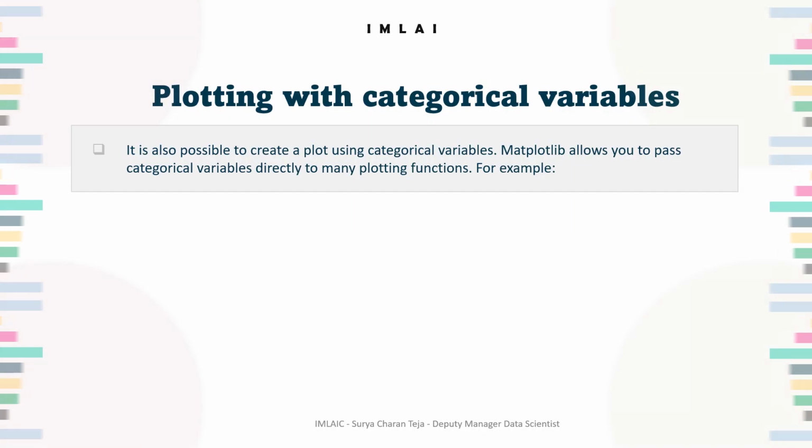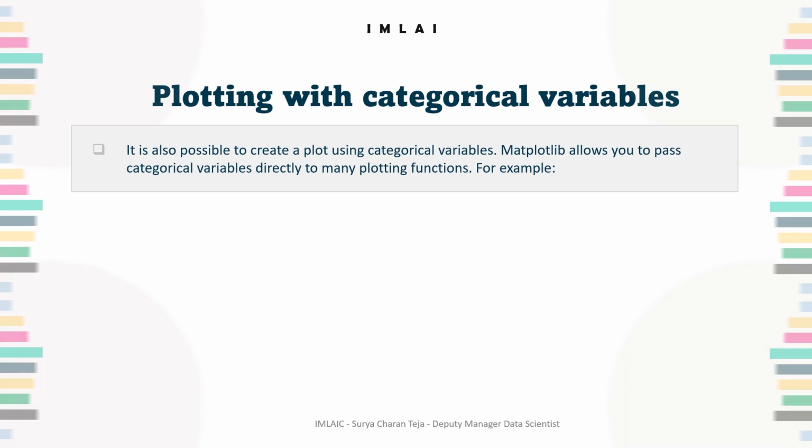So before I start another topic, I would like to reiterate that so far in Matplotlib, in the first module, we have discussed different coding styles. There are two types of coding styles. One is the object-oriented style, called OO style, and the second one is the pyplot style.